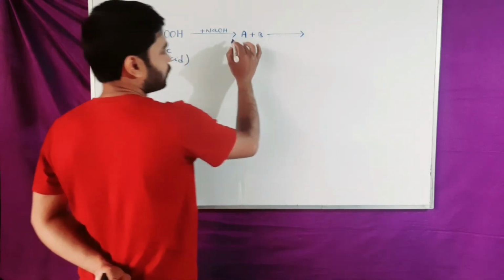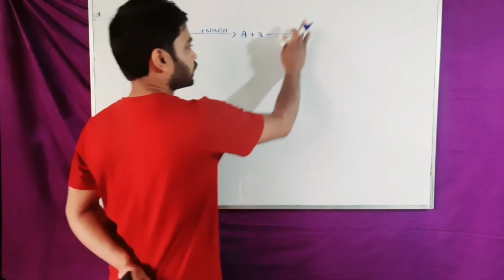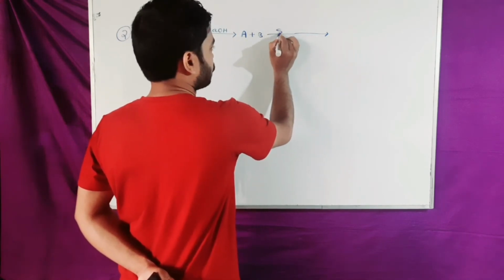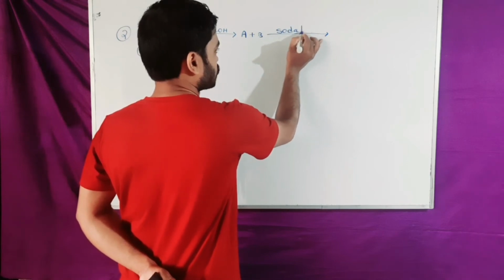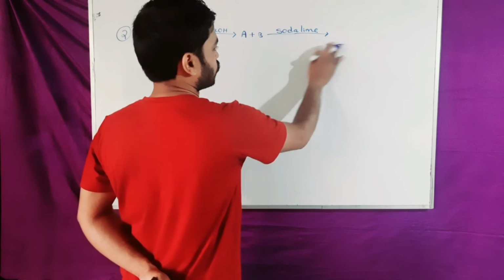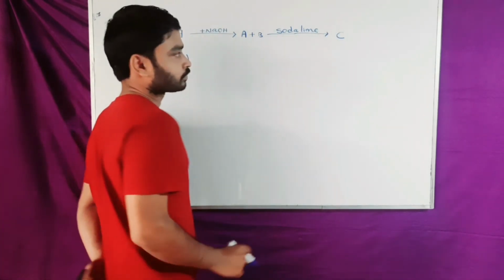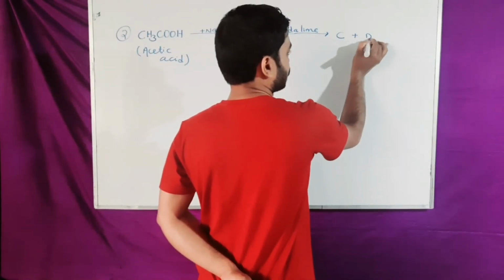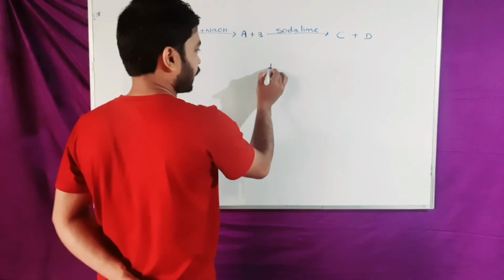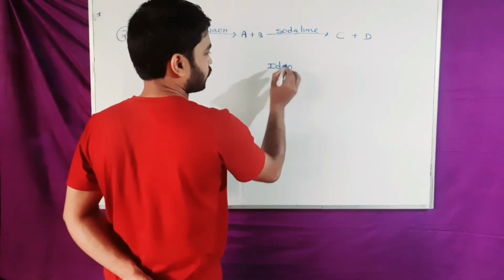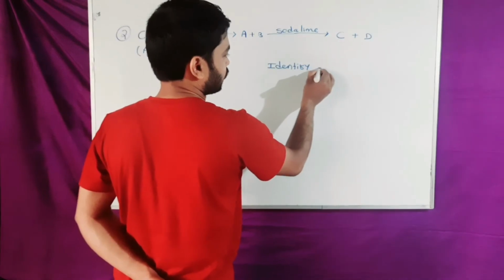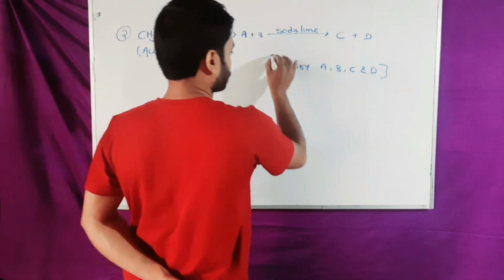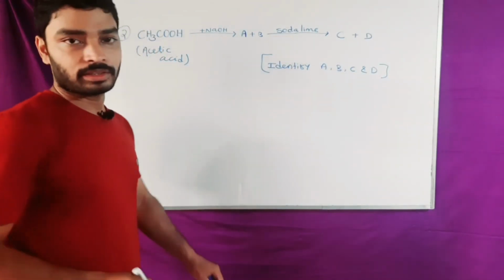So A will be the main product, B will be the byproduct, and if it reacts with soda lime, what will be the products C and D? Identify A, B, C and D in the given reaction.